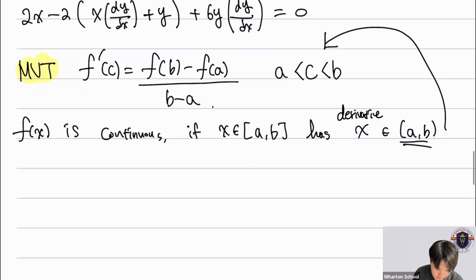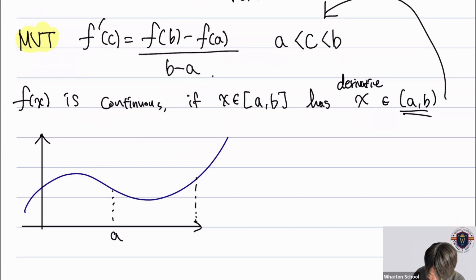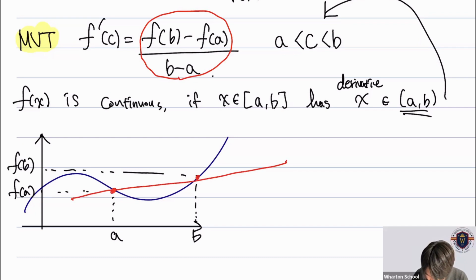So let's say I have a function like this and I have two endpoints a and b, and then I would have f(a) and then f(b). We first get the mean, right? This is the mean value of a and b.